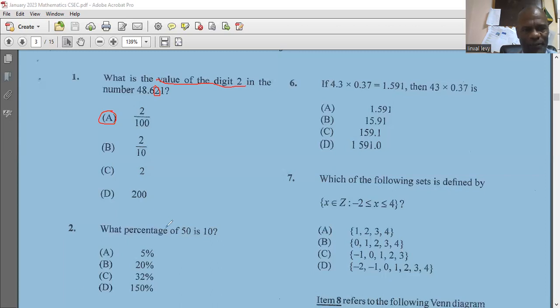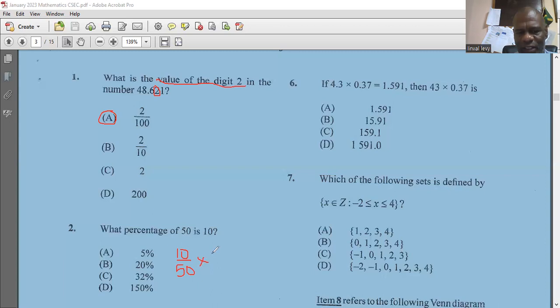What percentage of 50 is 10? All right. If we were to work it out, you have 10 over 50. And we're doing percentage, a number out of 100. So we do 10 out of 50 times 100.